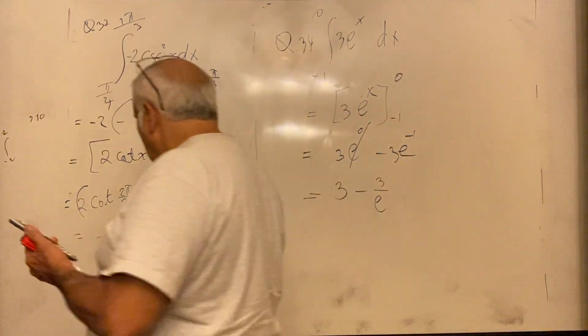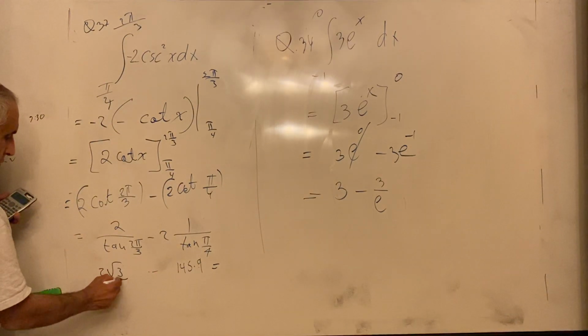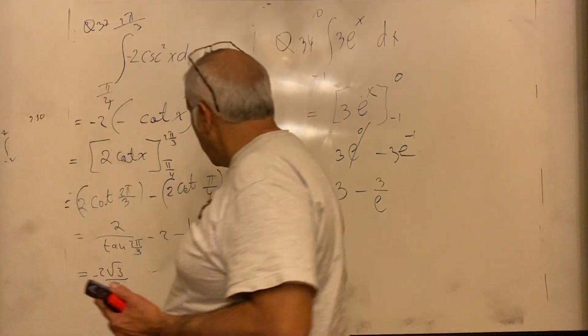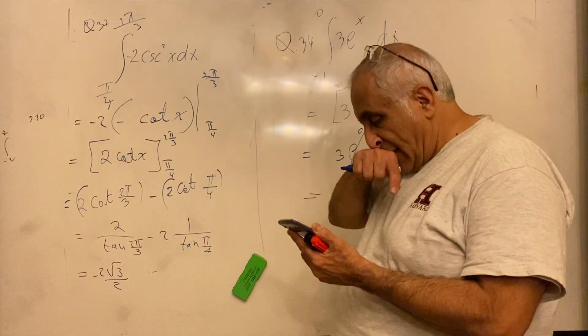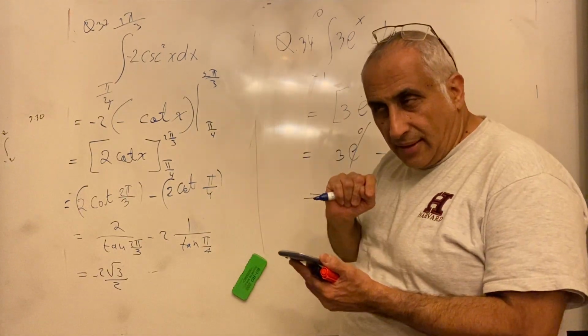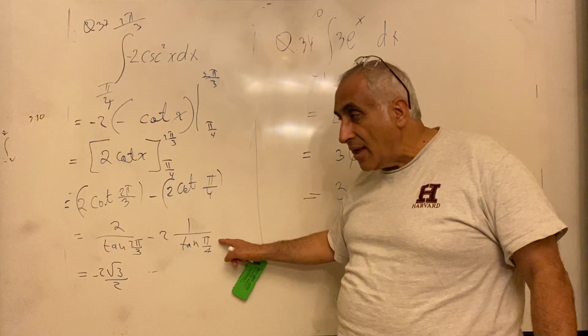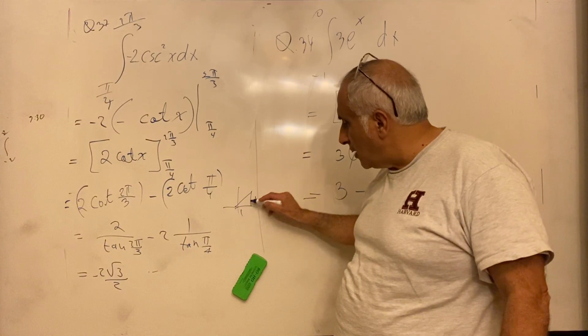Actually, I was using the wrong mode. This is negative 2 square root of 3 over 3. Because I know tangent 45 is 1, I realized there must be a mistake. Pi over 2 is 90, pi over 4 is 45, and the tangent is 1.